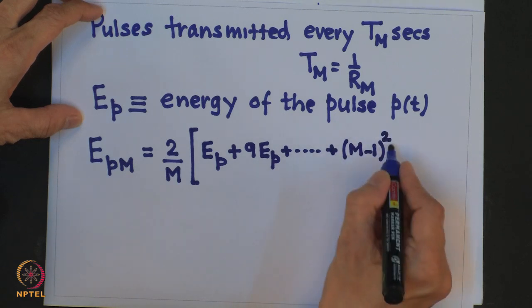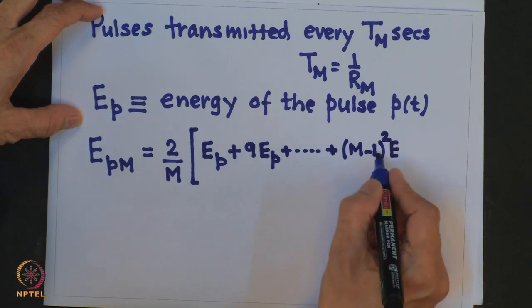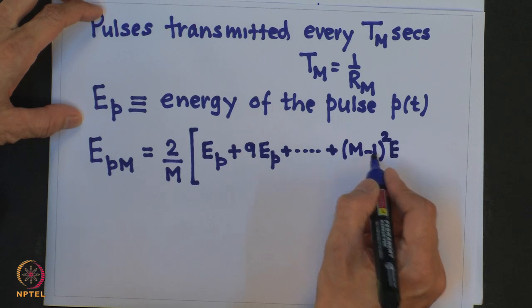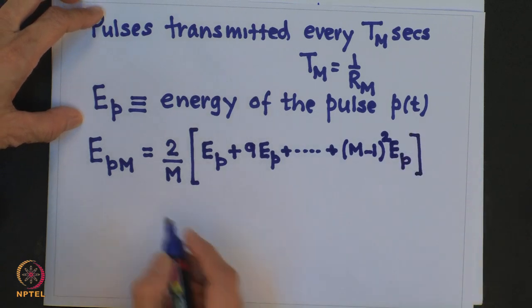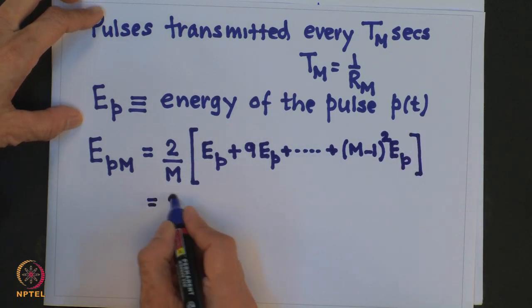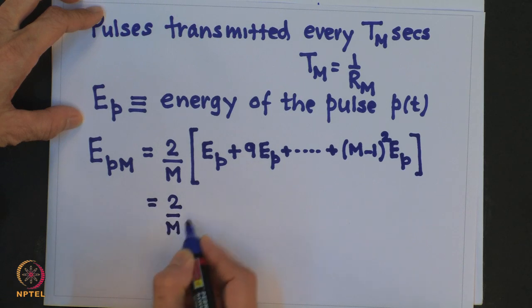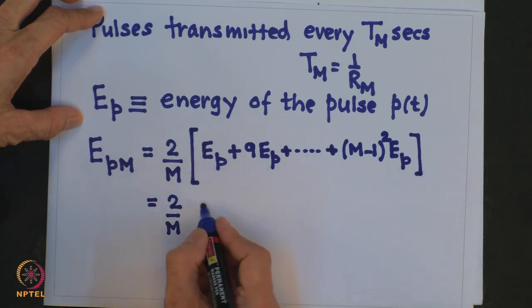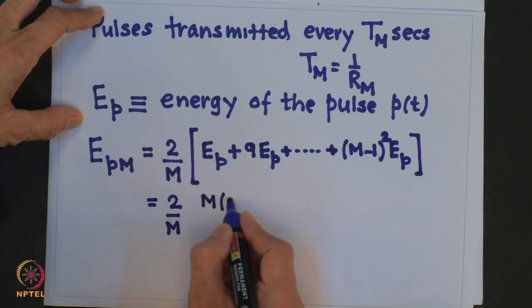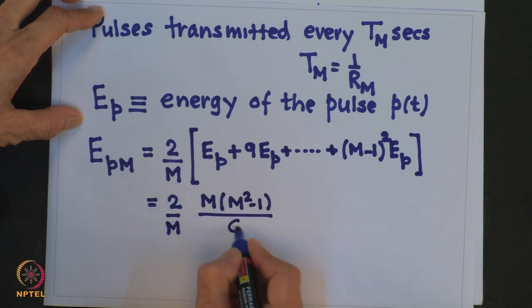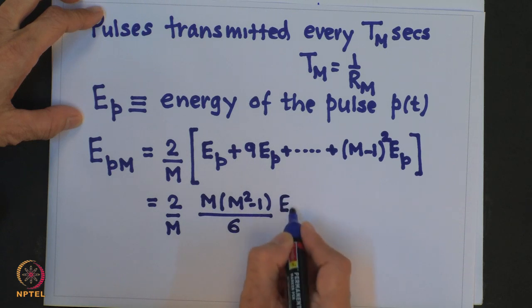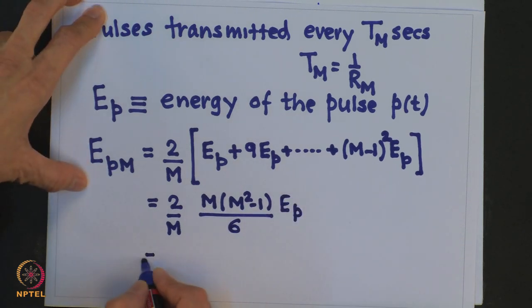This is for the case plus minus M minus 1 p(t). This we can rewrite as the summation here, which is equal to this.